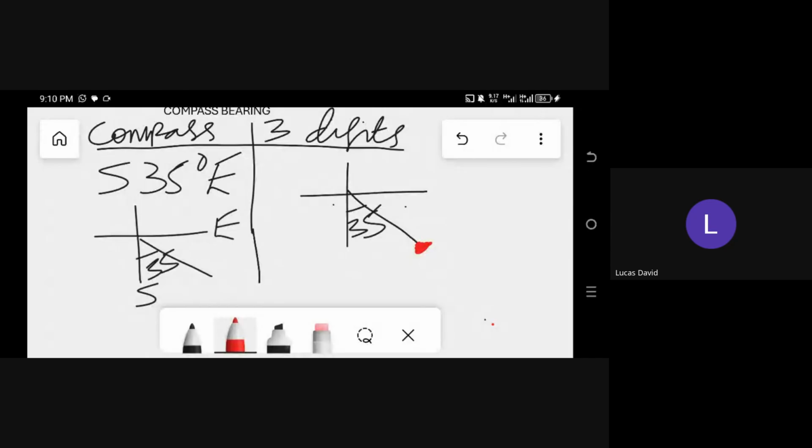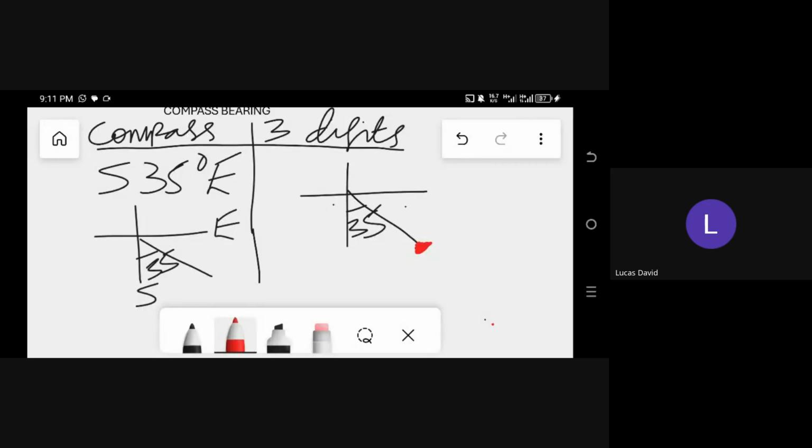Remember, the compass bearing is south 35 degrees east. So we illustrated here what south 35 degrees east is. That is for compass bearing. Now we want to convert it to 3-digit bearing and see what result we should have.